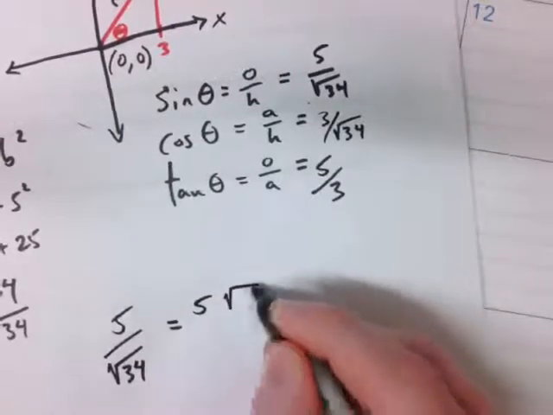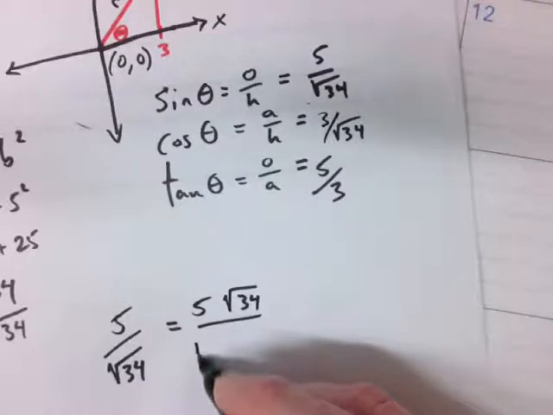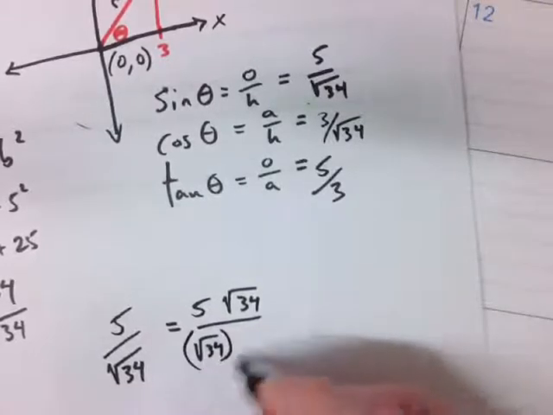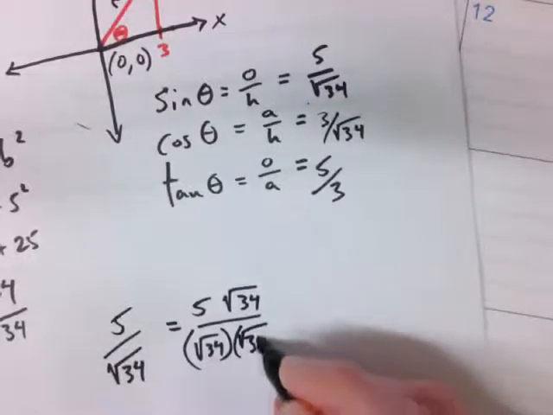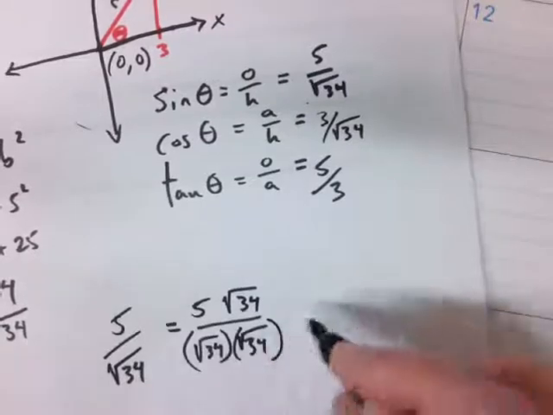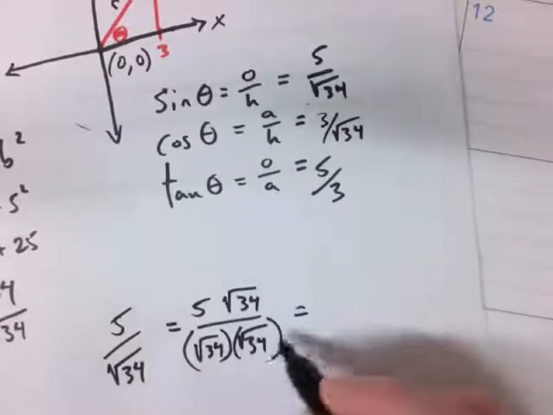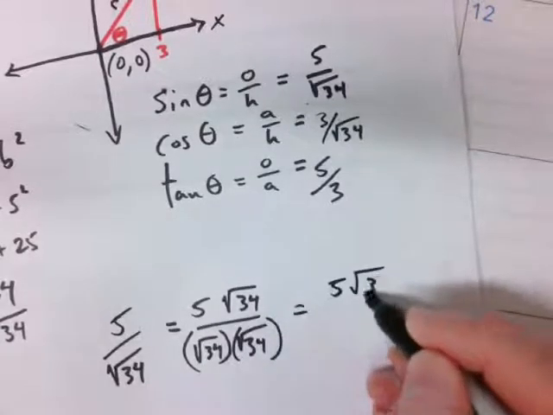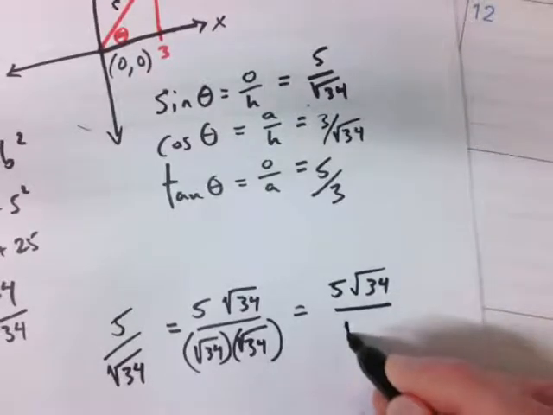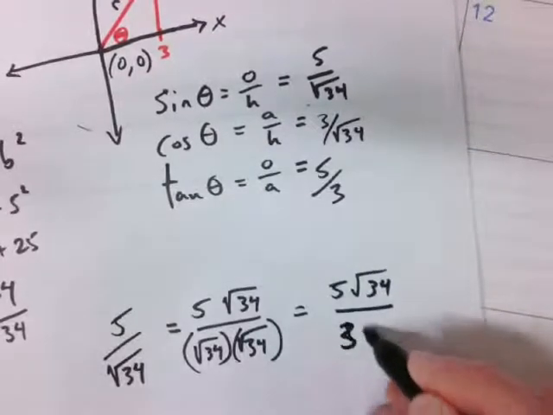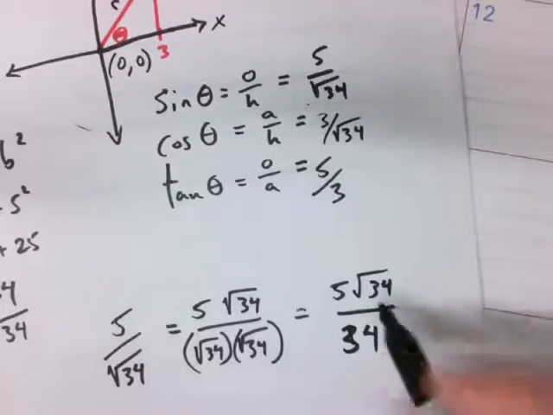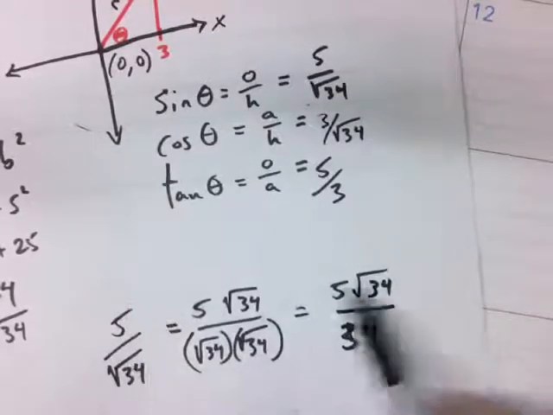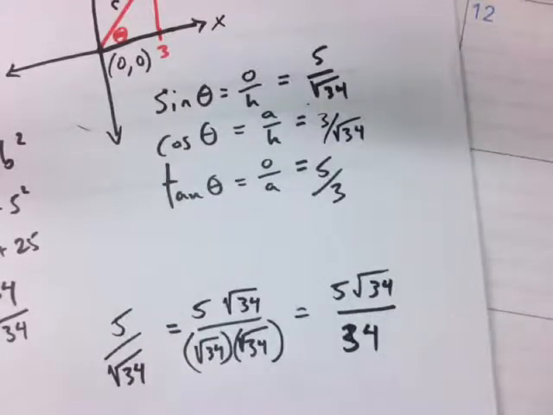So it becomes 5 root 34 over the root of 34 times the root of 34, which is root 34 squared. Those roots cancel, so it becomes 5 root 34 over 34.